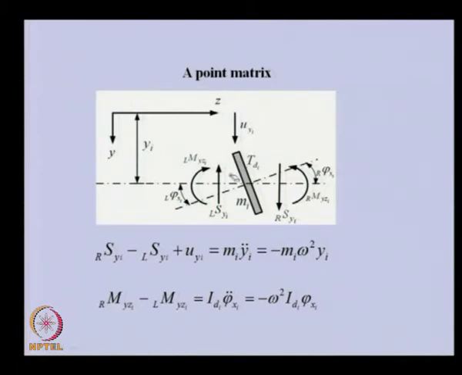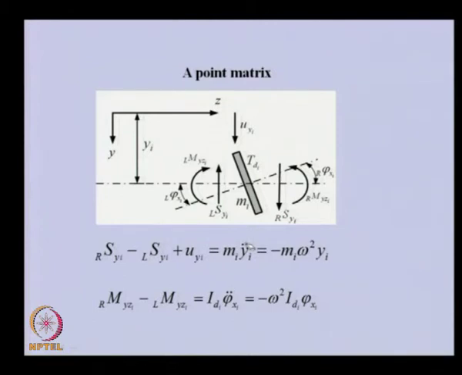First, the force balance. The shear force which is acting in the positive y direction, this one acting in the negative direction, and the unbalanced force acting in the positive direction, should be equal to the inertia mi into yi double dot, where the dots are time derivatives.